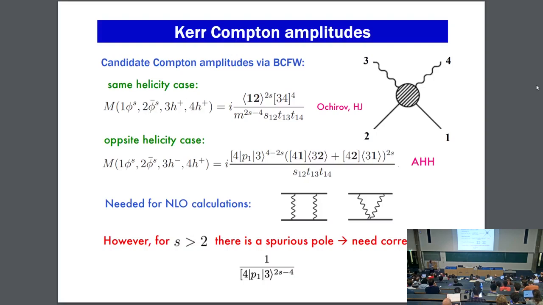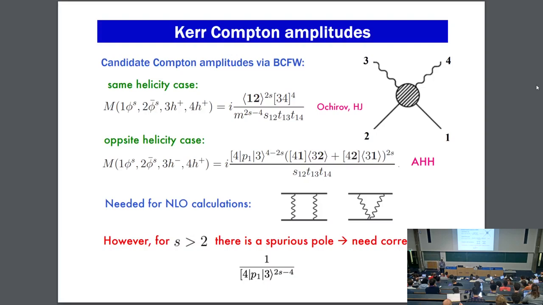You would like that thing to be a mass, but it turns out to be this spinorial expression here. When S goes beyond 2, this ends up in the denominator, and it has poles. This is not a physical singularity; it's a spurious singularity.